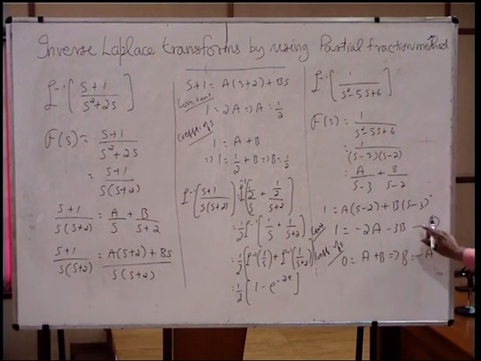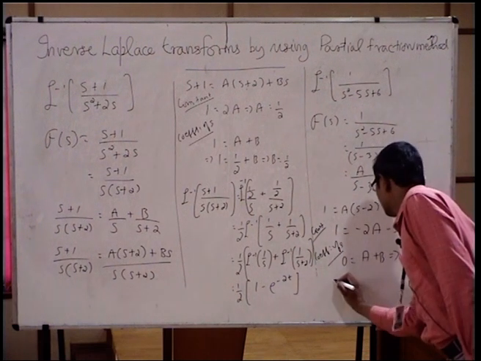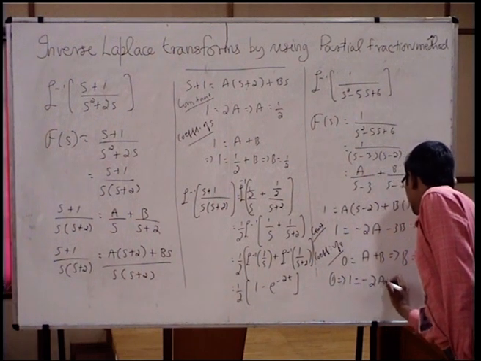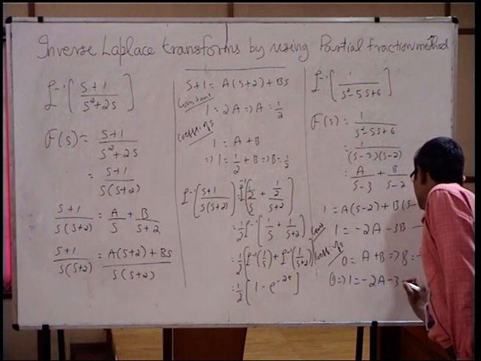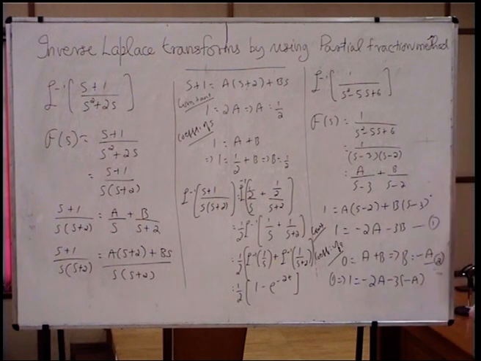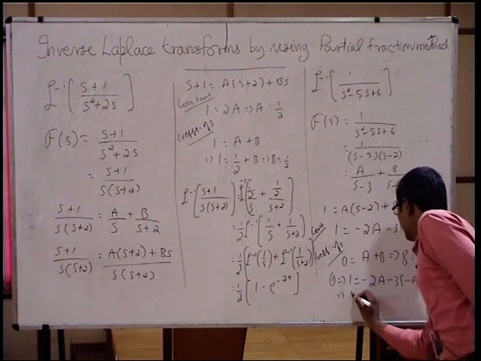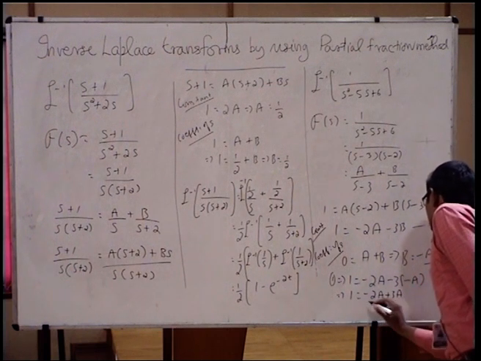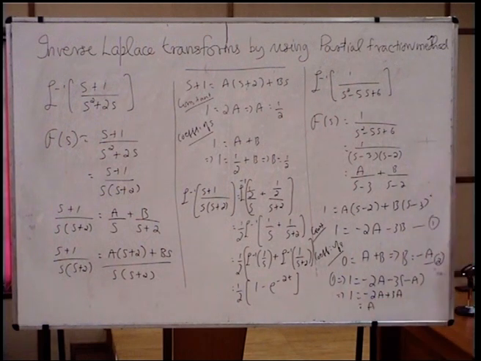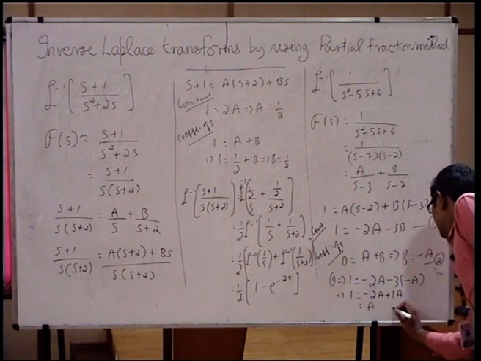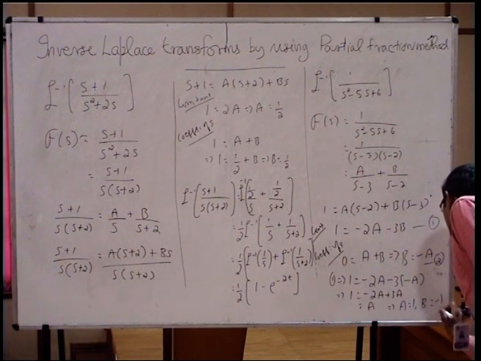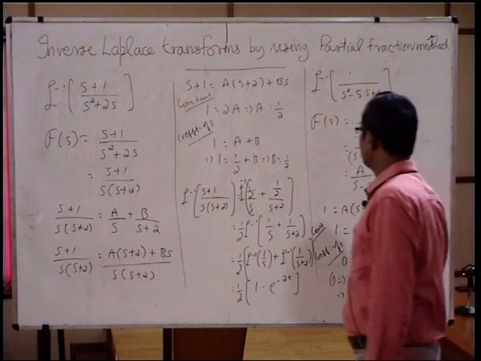Now if you substitute b equal to minus a in equation 1, we get 1 equal to minus 2a minus 3 into minus a, or that implies 1 equal to minus 2a plus 3a, or it is equal to a. So a equal to 1, and b equal to minus 1.